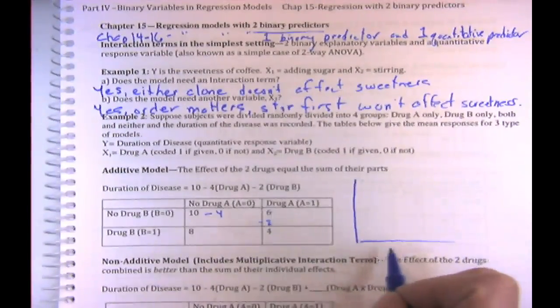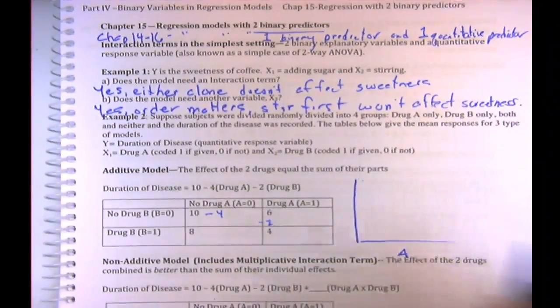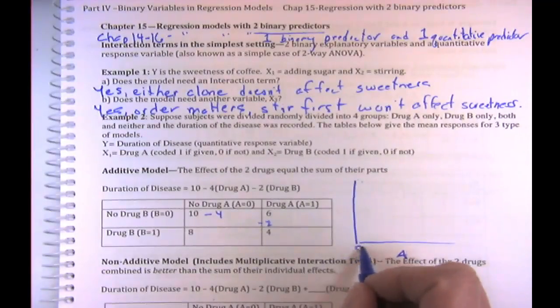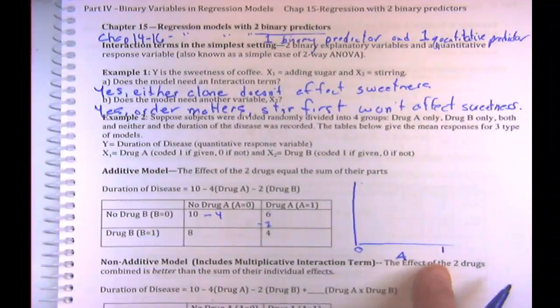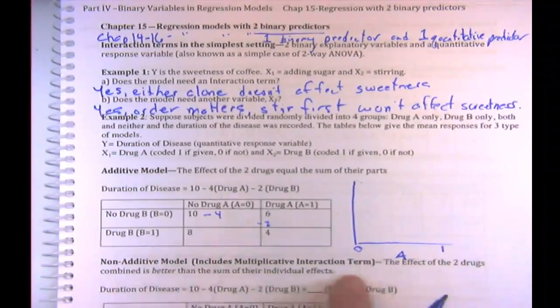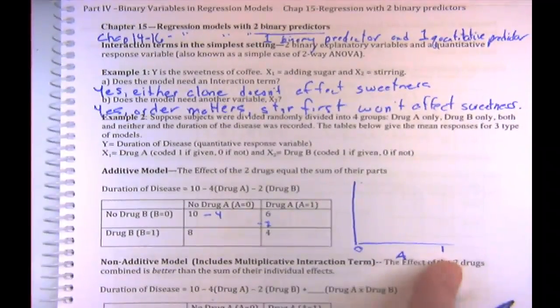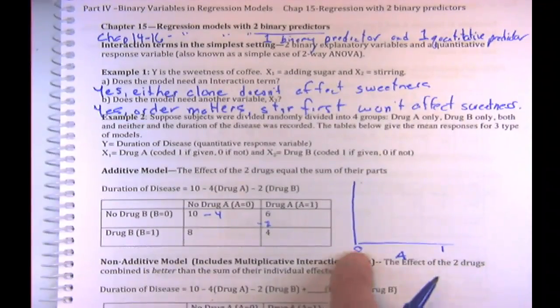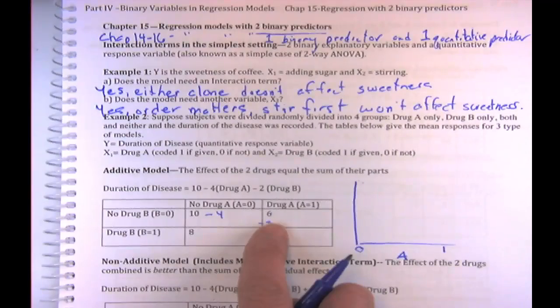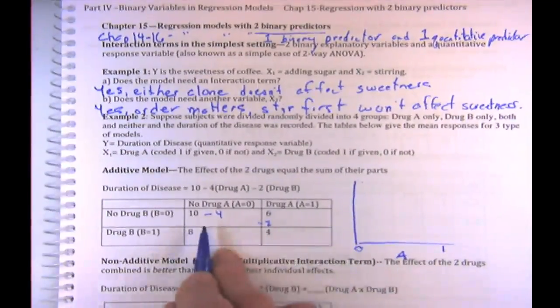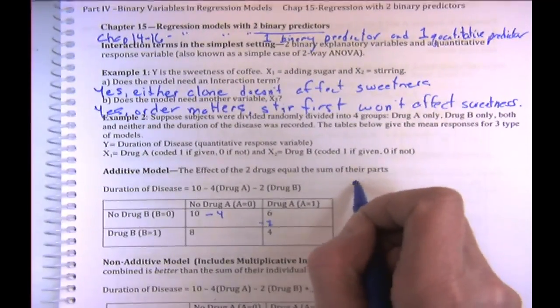What do I mean by that? Okay, so let's put drug A on this axis, and you have either none of the drug or you have the drug. We're not talking about different doses. We're just saying, is it absent or present? Right? And let's look at this condition right here, where B is 0. No drug B is involved. So when it's absent, you're up here at 10.